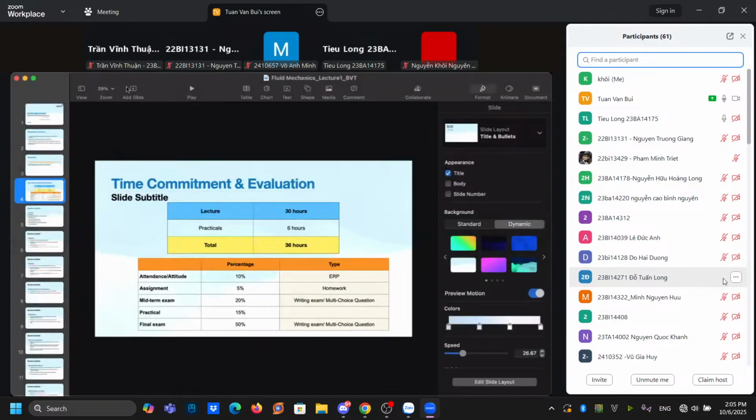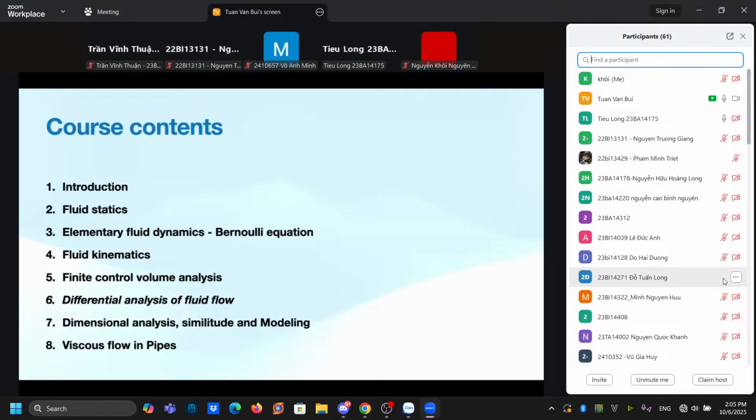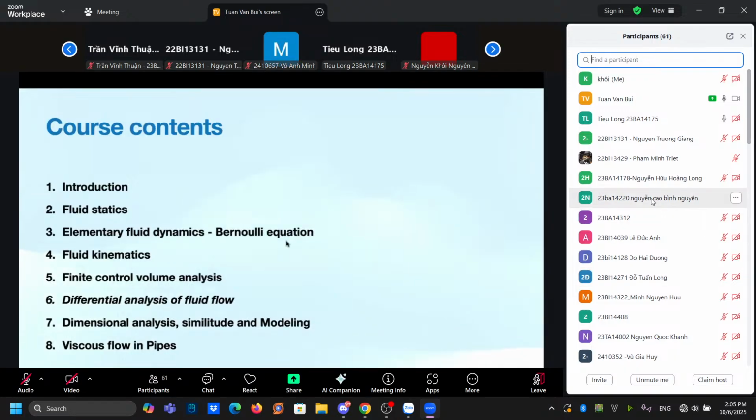Okay, so here we are. For the course content, before the introduction, fluid statics, elementary fluid dynamics. So chapter 3 is the Bernoulli equation.